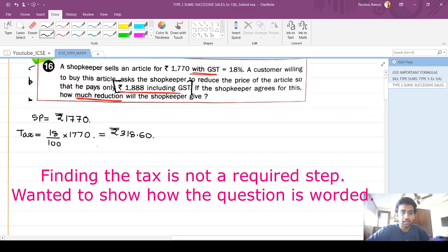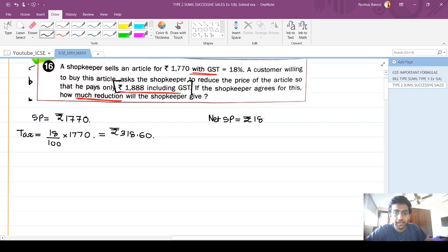Now the customer is saying you make net SP, the customer wants net SP equal to 1888. So what is the formula for net SP? Net SP is nothing but SP plus tax. This is the SP he is offering, this is the SP that is needed. SP plus tax has to be 1,888.